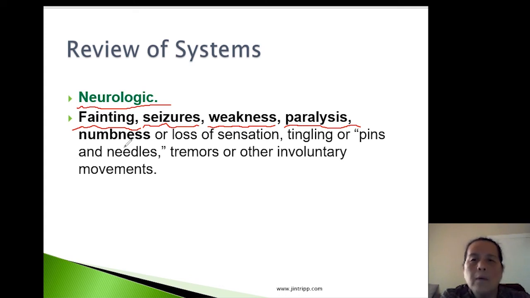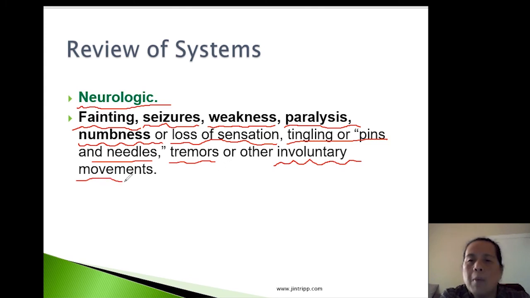And also some feeling disorder, a sensory nervous system disorder, or maybe losing sensory functions, or a tingling feeling or pain, which may be related to the nervous system, or maybe some trauma, or some involuntary kind of movement.